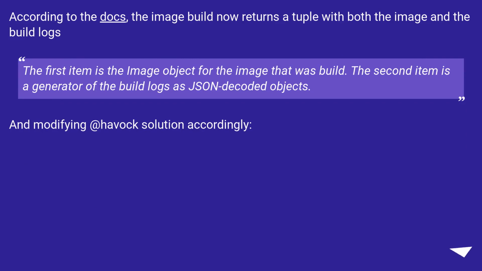According to the docs, the image build now returns a tuple with both the image and the build logs. The first item is the image object for the image that was built. The second item is a generator of the build logs as JSON decoded objects, and modify the solution accordingly.